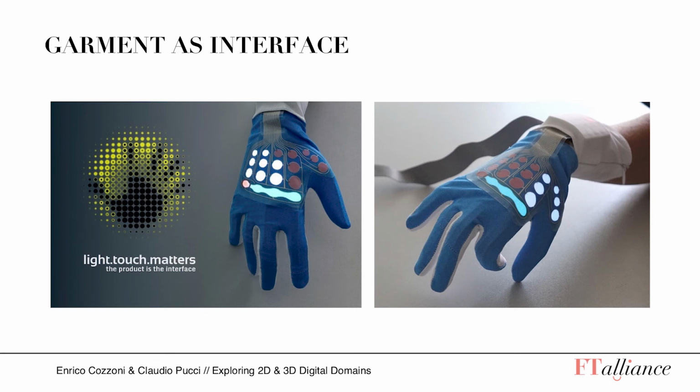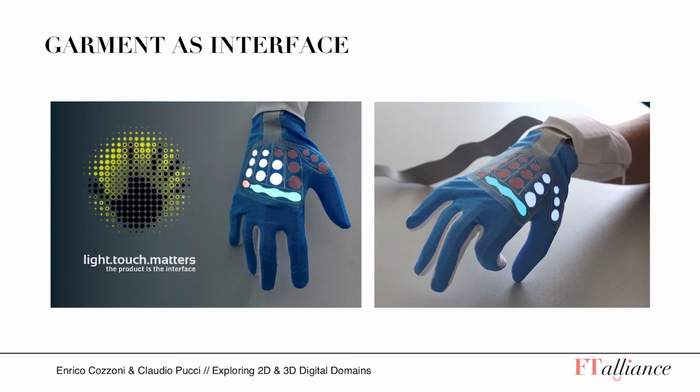This is one of the results of a project in which Polytechnic of Milano was also involved, that is Light Touch Matters, also TU Delft. I suggest you maybe go and take a look at the results of these projects. There are some documents online that I suggest you study, especially if you want to deal with fashion tech.